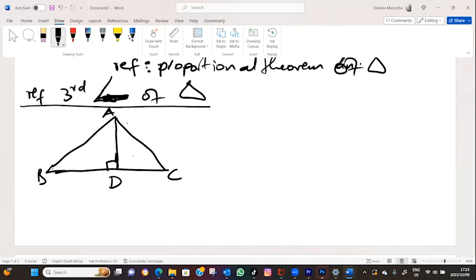What we know about the third angle is that if you have a triangle like that and you draw a height on the triangle, this angle here will be equal to that one.